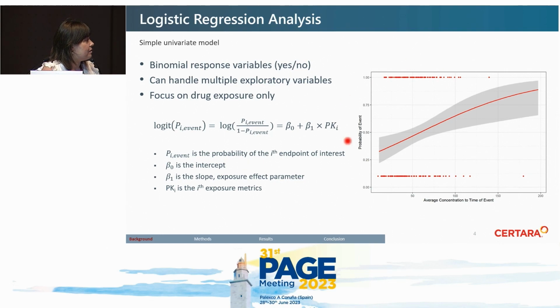And the ones at the bottom here, in this case, they're not quite at zero. They should be at zero, but you'll see in the animation later why they're not. These are the time average concentrations for subjects that didn't have an event. The red curve here is, in this case, representing the logistic regression model fit for the data that we are showing with the dots.